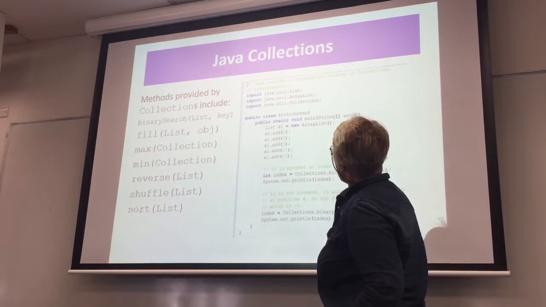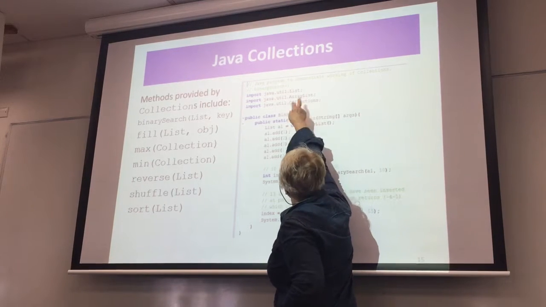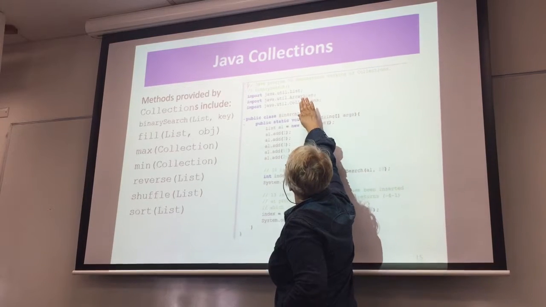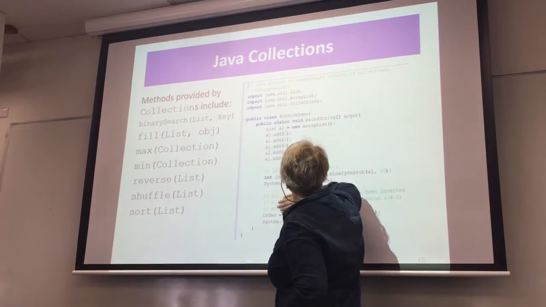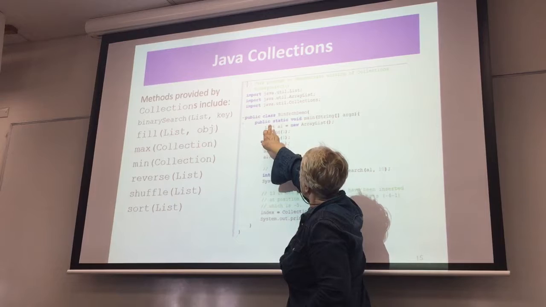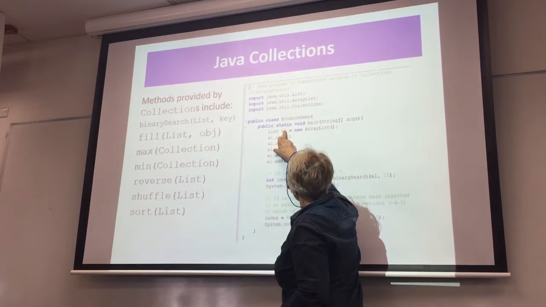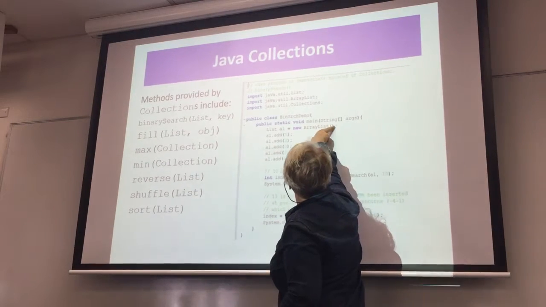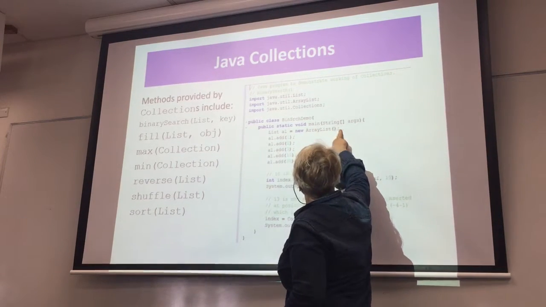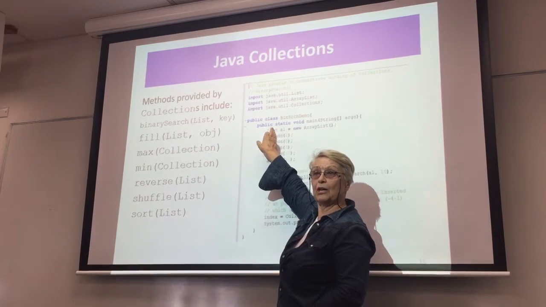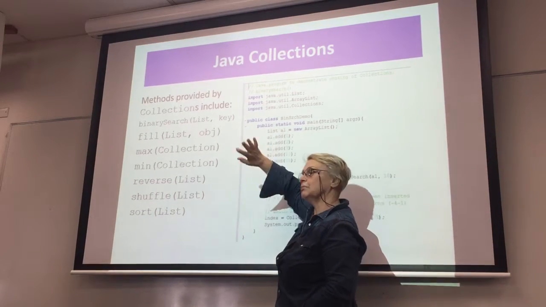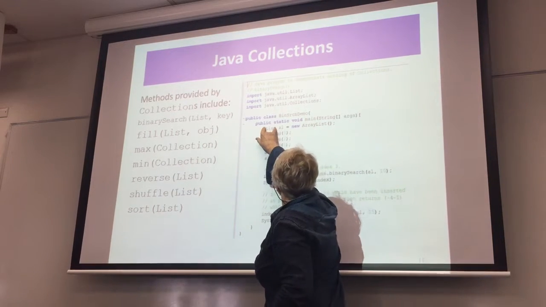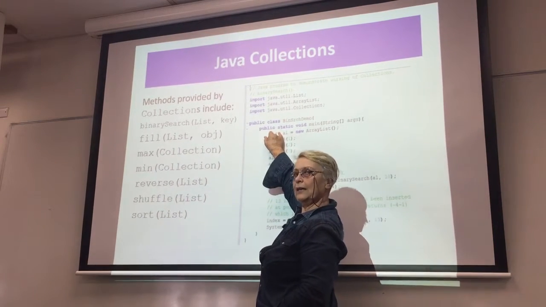If we look at this example, we import list, array list, collections, just to have access to these tools. Notice that we define A1 of list type, but it's an interface, as I said, and we initialize it with an array list because you can't create a new list object. Interfaces, no. You can put just array list here, it's okay.